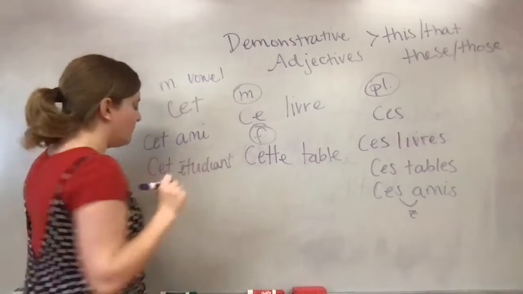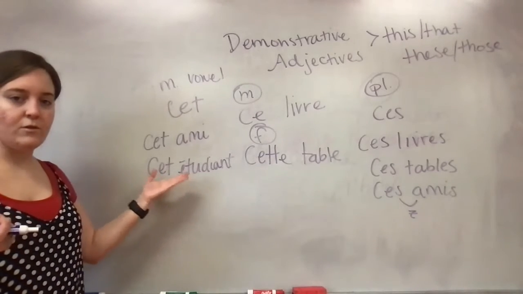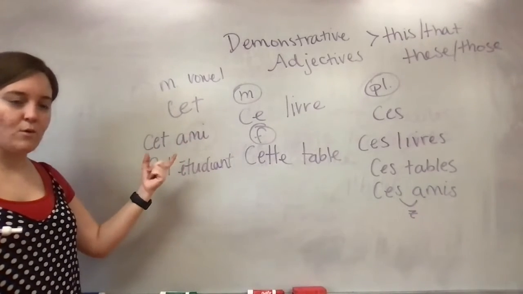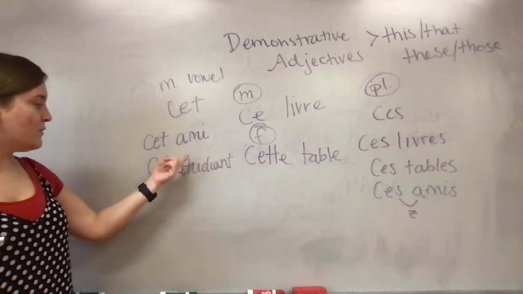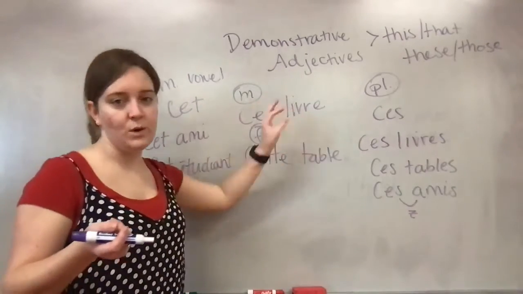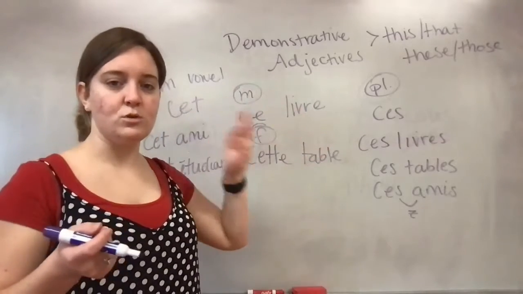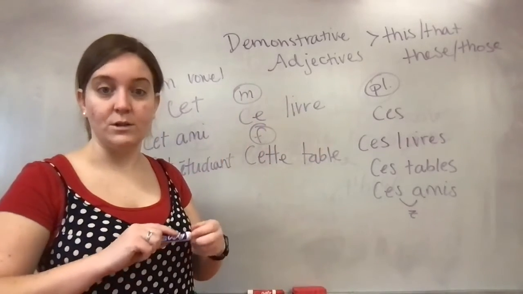Cet étudiant. So you're not going to be able to tell the gender of the thing that you're talking about based on this form, but you will know that it starts with a vowel, so it's got to be this form that goes in the blank. But for these other ones, you need to know the gender in order to choose the right one that goes in the blank for the exercises that you guys are going to do.